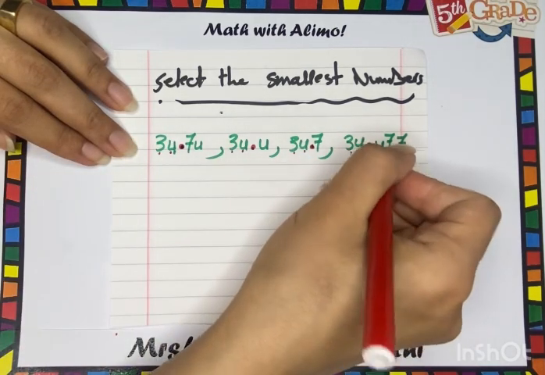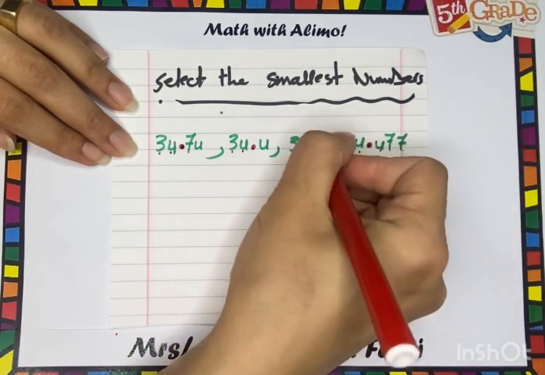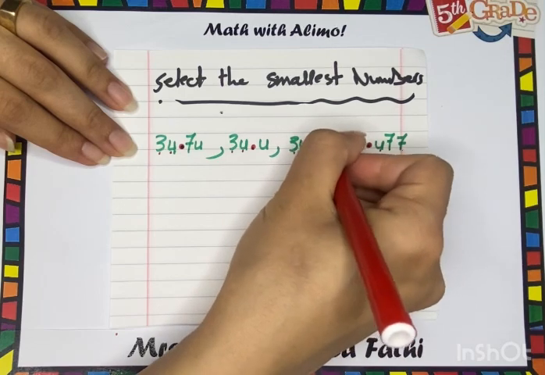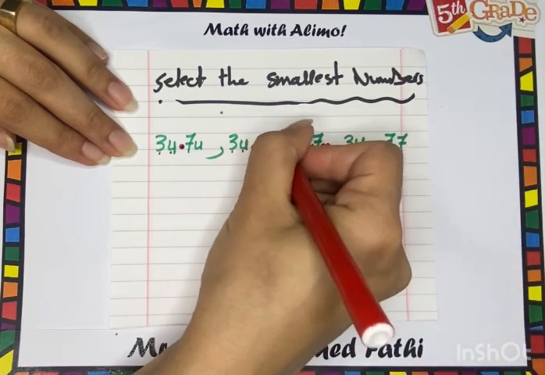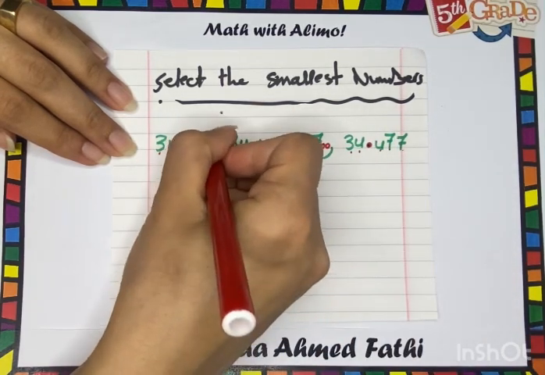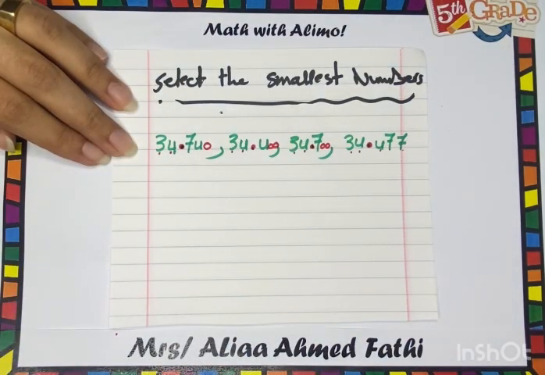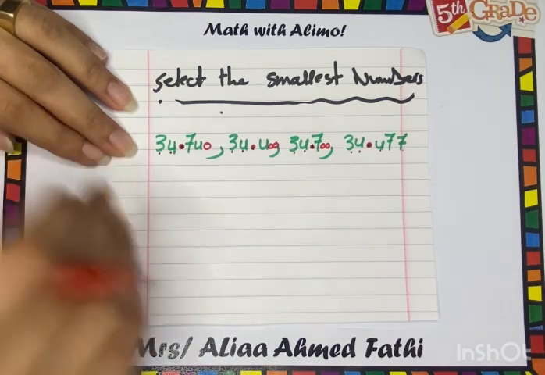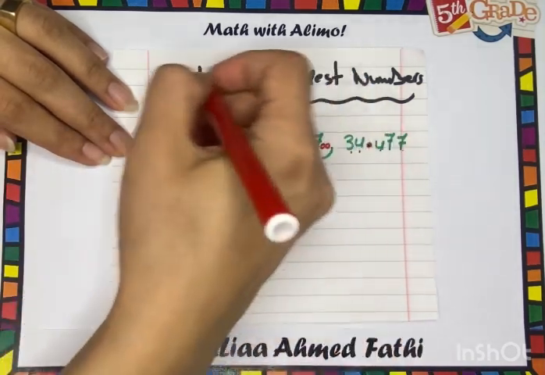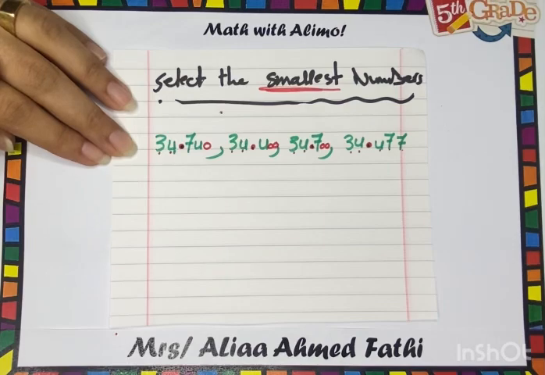So we have 3 places here. So here we have just 1 place, so we're gonna add 2. 1 place, so we're gonna add 2. 2 places, so we're gonna add 1. Now all of them are equal and balanced in the number of digits in the decimal part. Then we're gonna select the smallest one.